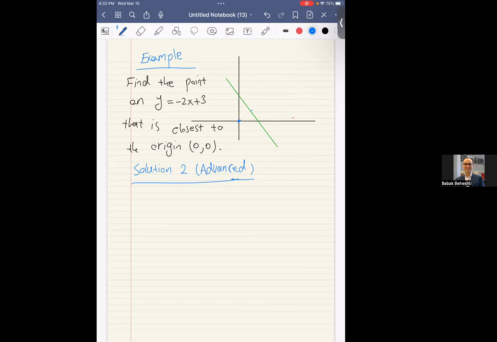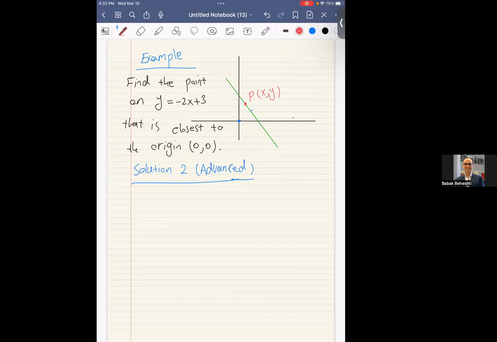If you have any point on the plane, for example, look at this point. You have a point P with coordinates x and y. But be careful: because P lies on the line y equals minus 2x plus 3, the coordinates of P must be x and minus 2x plus 3.